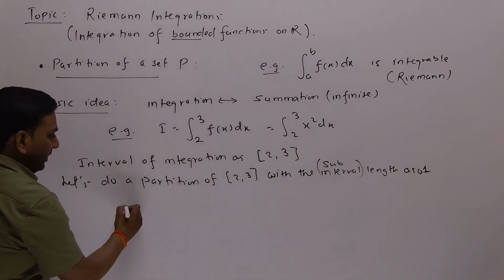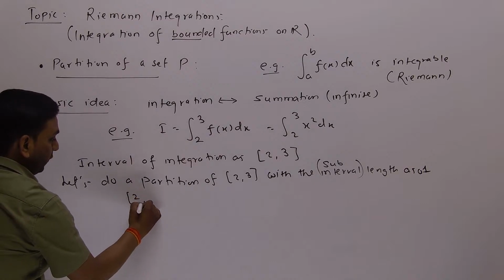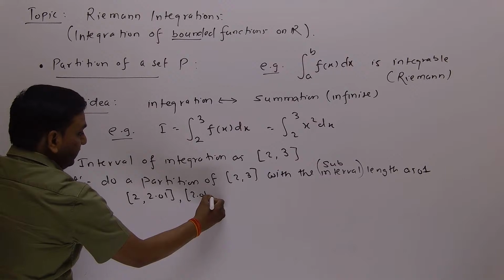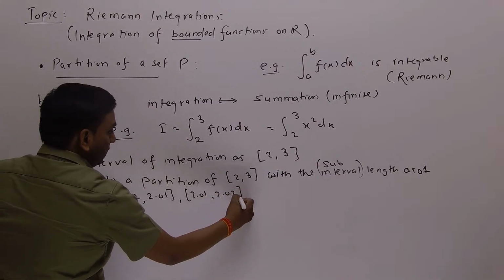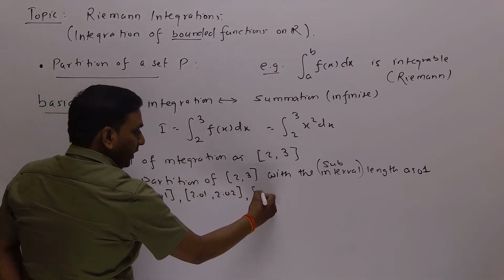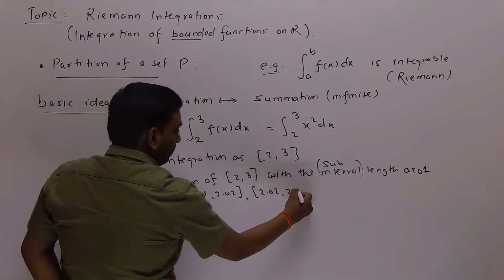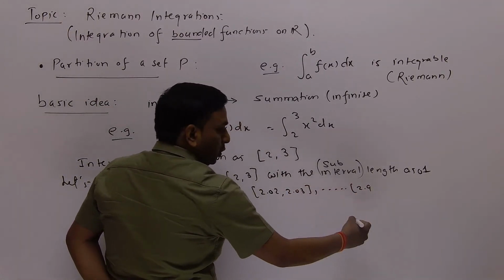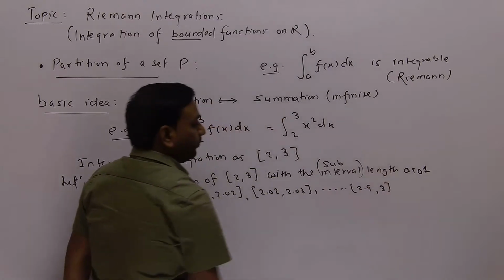What does it mean, my dear fellows? You start from 2 to 2.01, 2.01 to 2.02. You keep on proceeding like this, basically you go, for example, to 2.93.